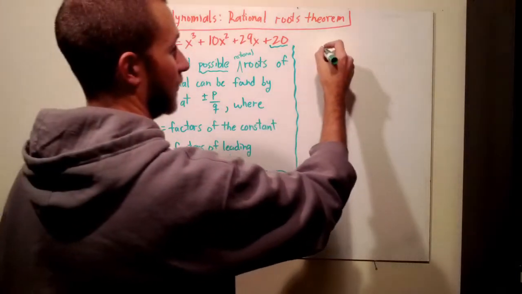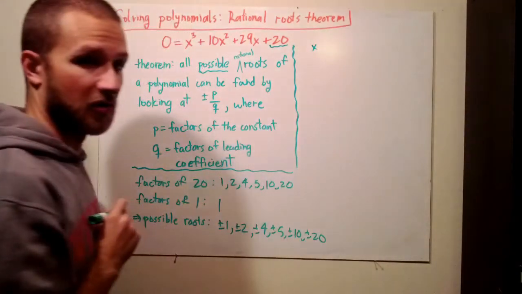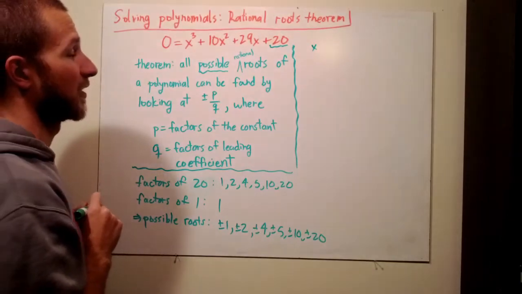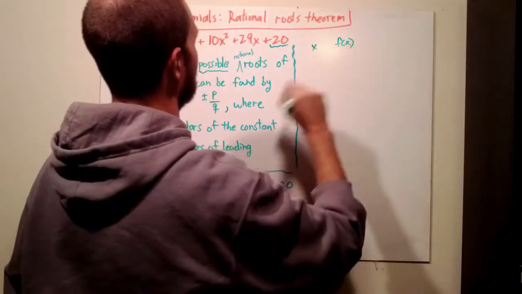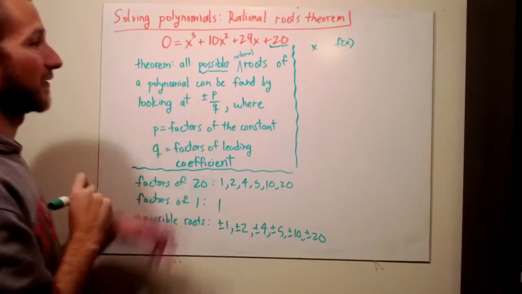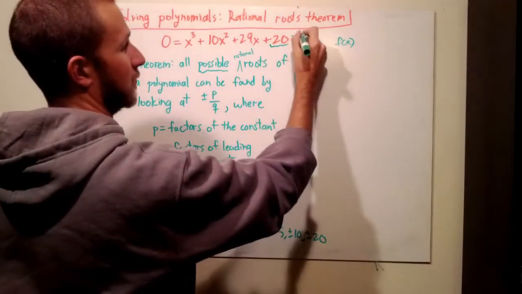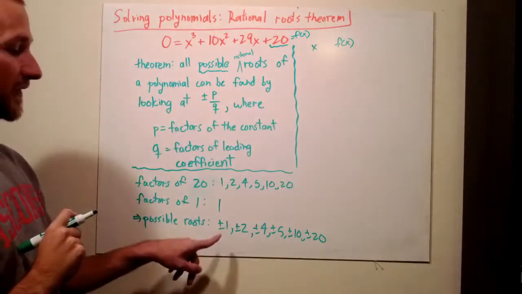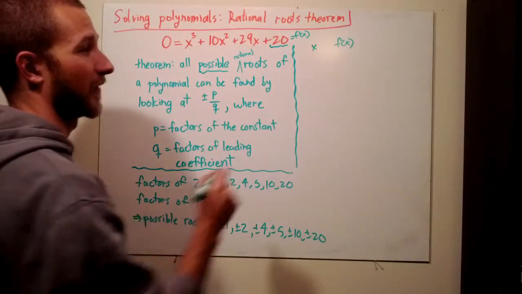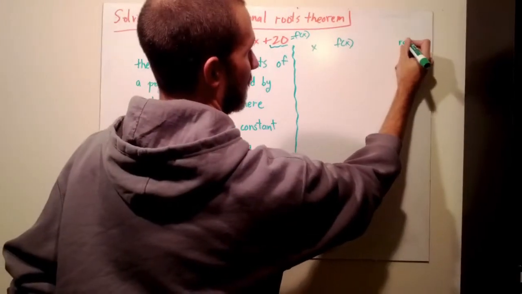So I'm going to set up a table with the x value, and then my f of x. If I call this function f of x, what would I get if I plugged in these values of x? And then I'm going to ask whether that was a root.